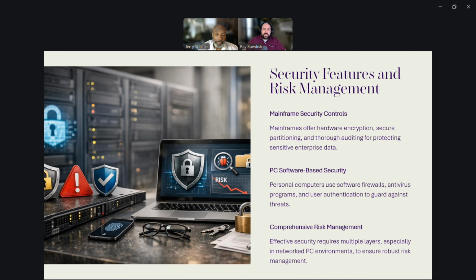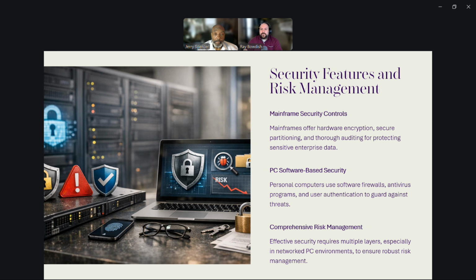Again, on a PC, you're looking at malware, you're looking at phishing emails, things of that nature, where you could potentially give somebody access to your personal information, and then they take that and go do bad things with it. Maybe they take out a credit card in your name.